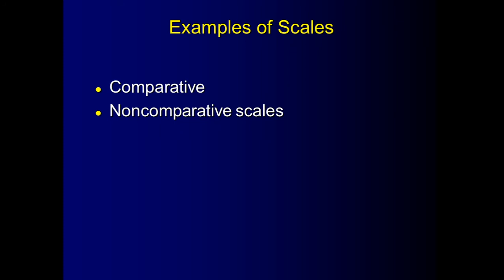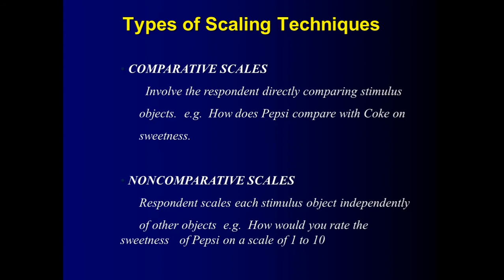So let's start with them. There are two types of scaling techniques that we normally come across. First one is called comparative and the second one is non-comparative. What do you mean by comparative scaling? When you want to compare the values of a variable or variables or objects, when you want to compare the stimulus of objects, then you are actually using comparative scales.